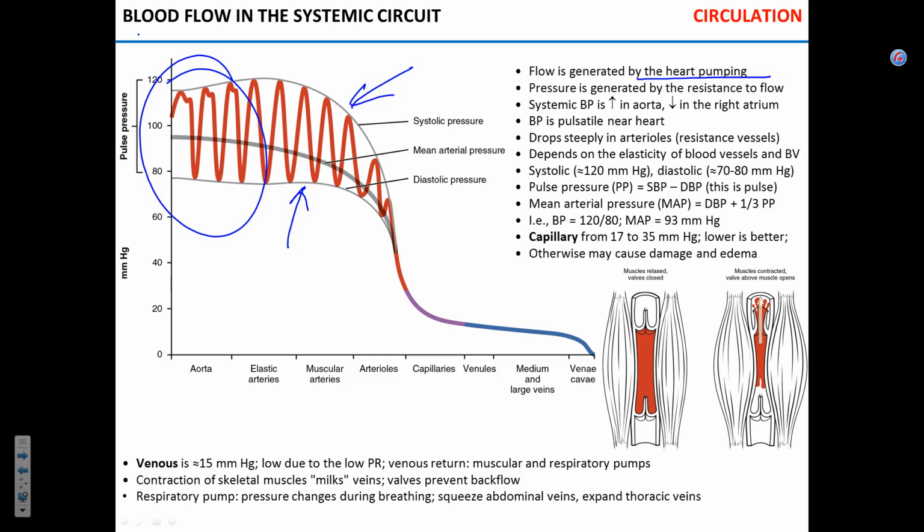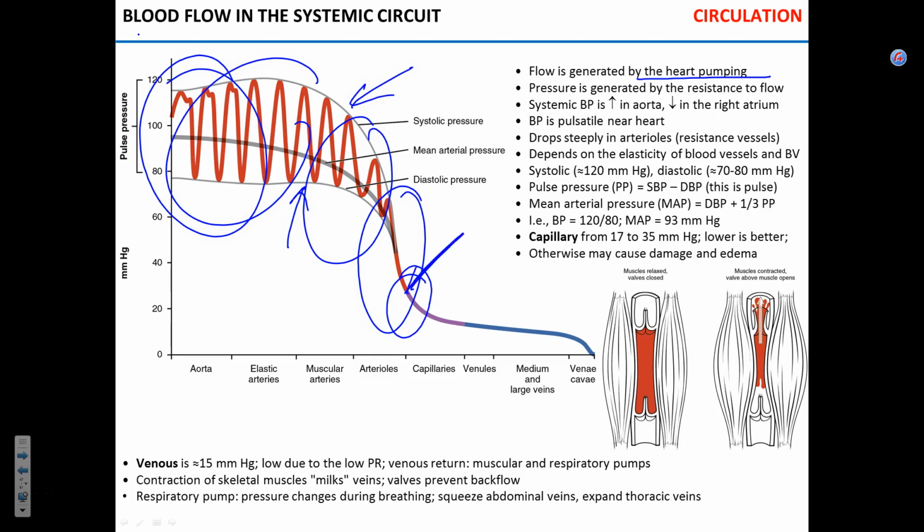Now you can see as the blood enters from elastic to the muscular to the arterioles, the difference in systolic versus diastolic decreases, okay, so that pulse pressure goes away, and it also drops quite greatly to about 35 millimeters of mercury in the capillaries.